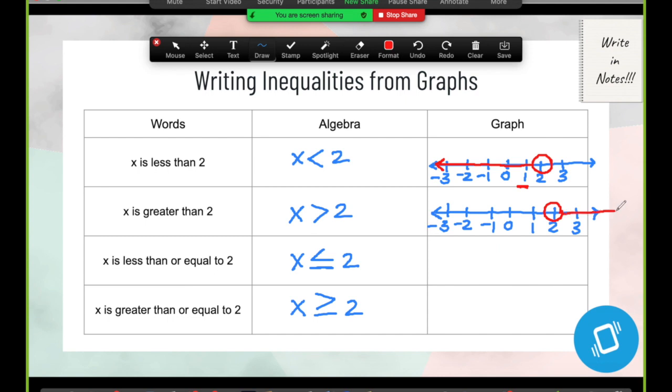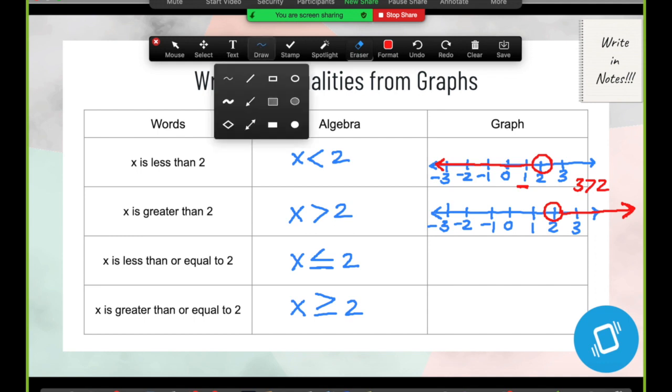So if x is greater than 2, that means anything bigger than 2, and so we're going to point our arrow to the right. And in this case, 3 is greater than 2. That statement is true. We can't say it's going this way because 1 is not greater than 2. That doesn't work. So I'm going to erase this because this is not true.